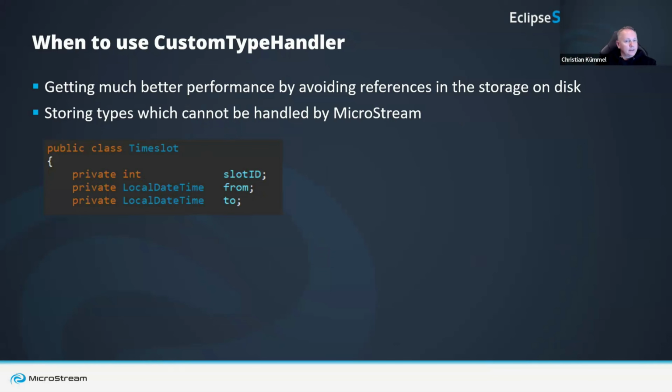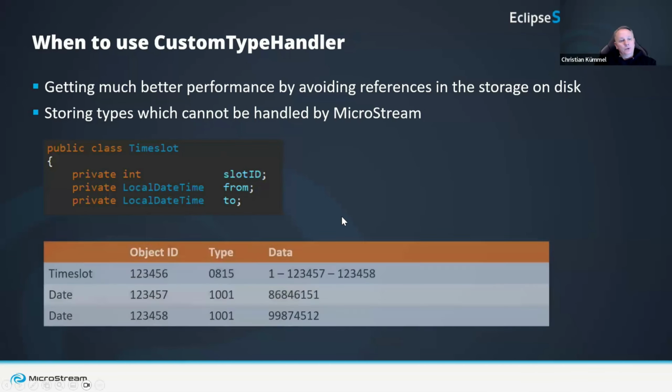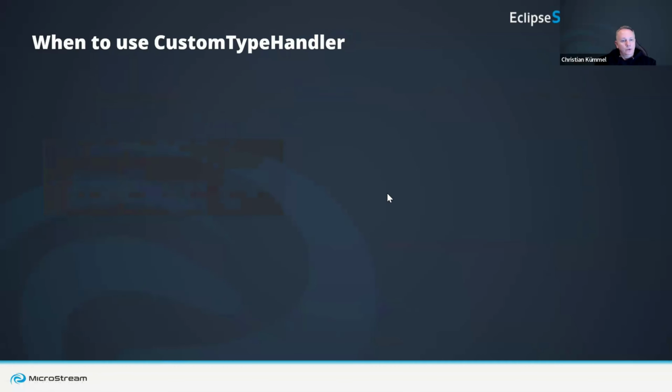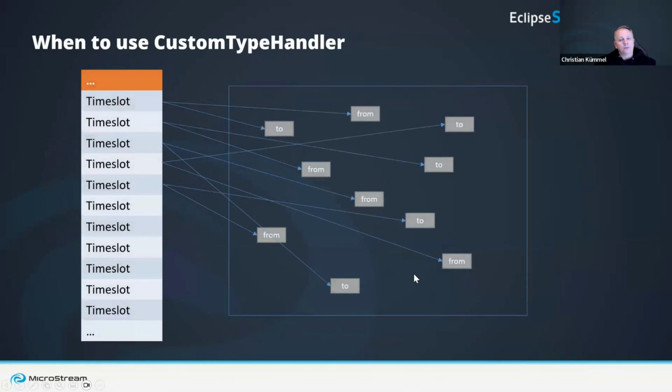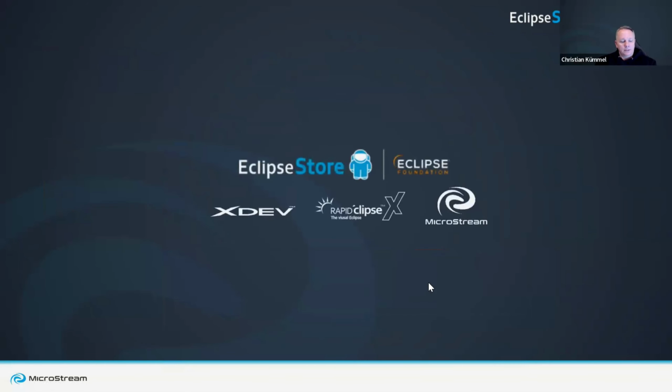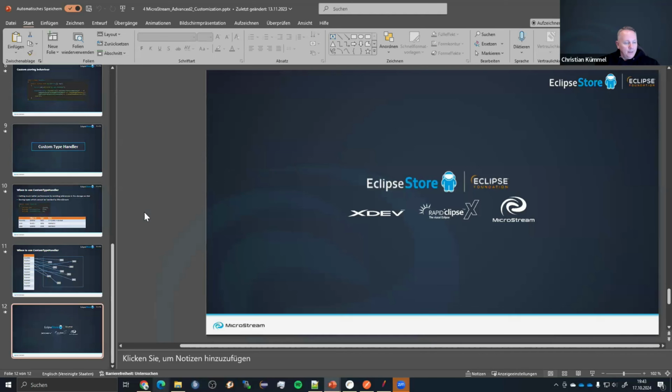And then it makes sense to wrap up that time slot a little bit. So that's what I explained. Each time slot entry comes with 2 and 4, and each is an object reference. And that means that the object reference itself is more expensive than the data in it. And then it makes sense to use such a custom type handler.